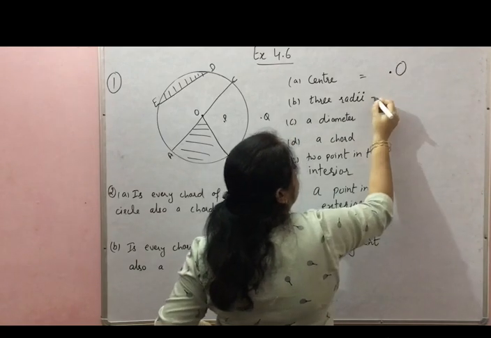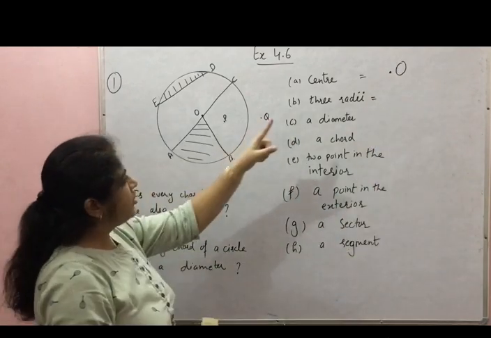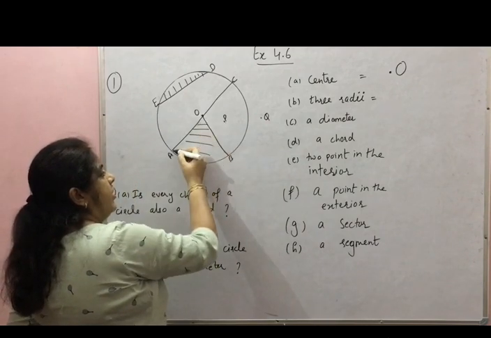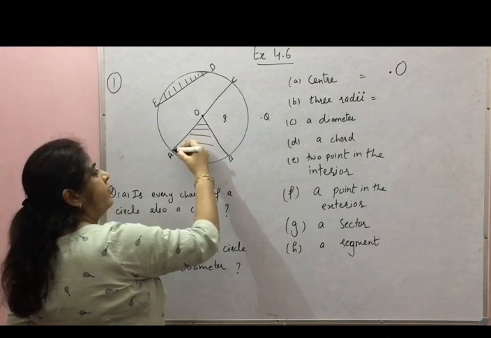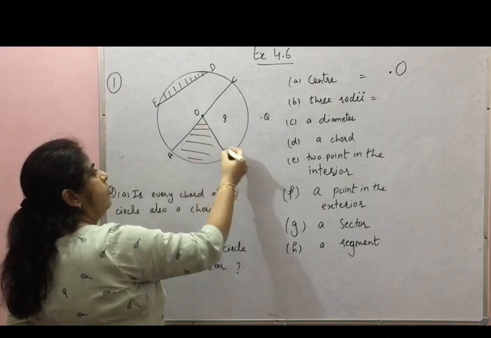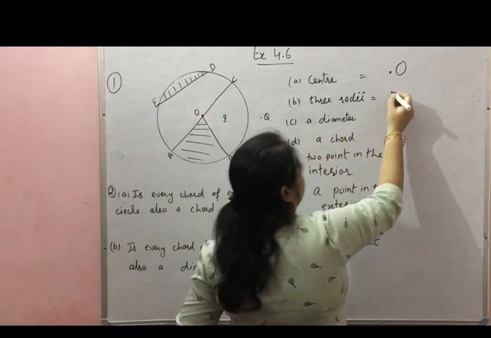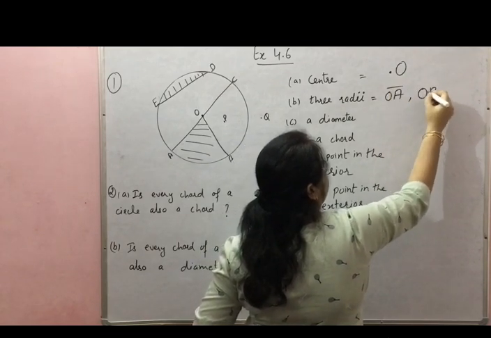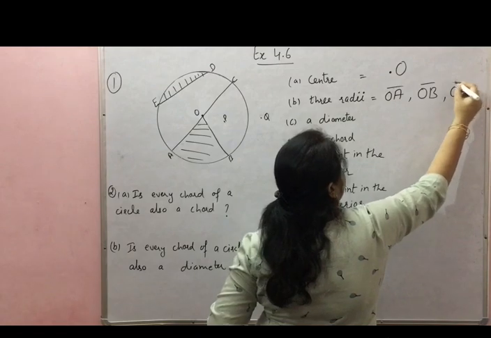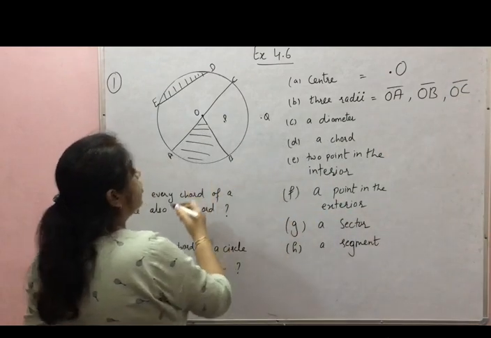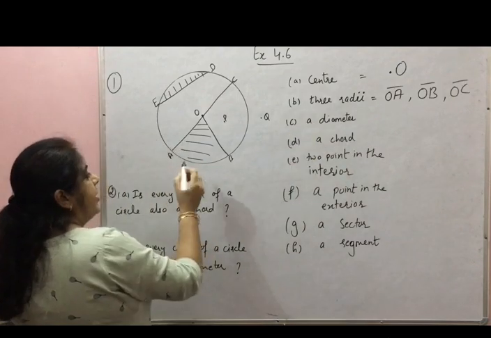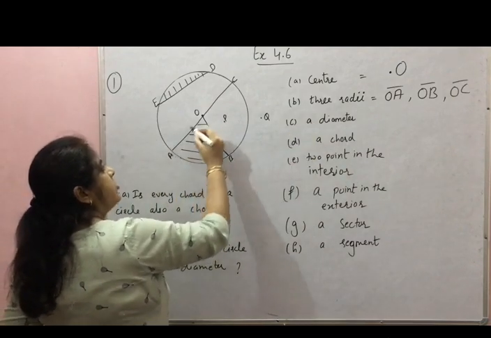O is your center. Now mention three radii. Radii means a center to any point of a circle. So OA, OB, OC. We have three radii: OA, OB and OC. Now we have a chord. Third is the diameter. A diameter is a chord which passes through the center.